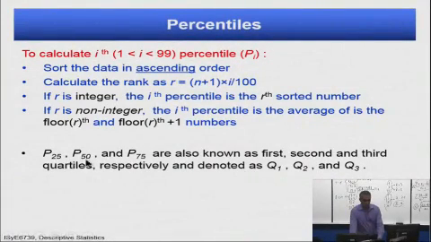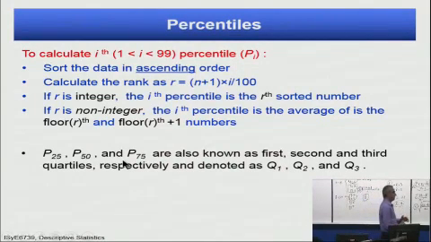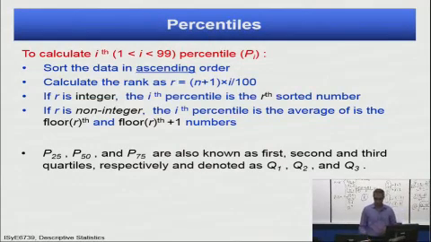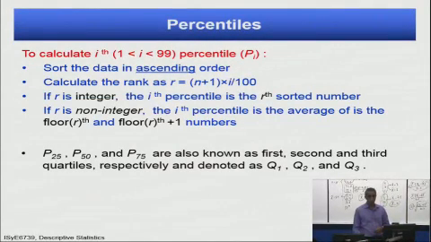The first quartile is where 25% of data is below that point. The second quartile is the median, and the third quartile is where 25% of data is above this point, which is exactly the same as the 25th, 50th, and 75th percentiles. Does it make sense? Okay. Any questions?